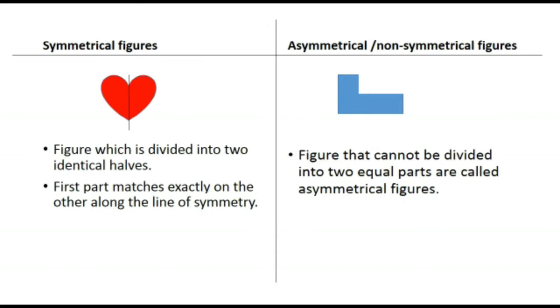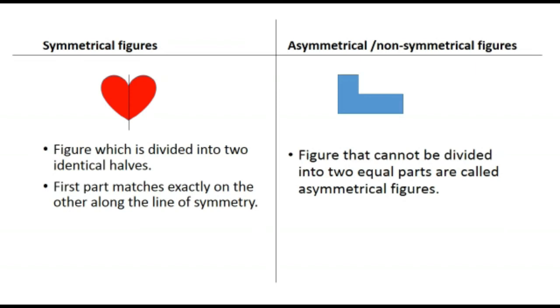Here we can see a chart of symmetrical figures and asymmetrical or non-symmetrical figures. A figure which is divided into two identical halves is called a symmetrical figure. For example, you can see this heart shape can be divided into two equal halves such that the first part overlaps the second part exactly.